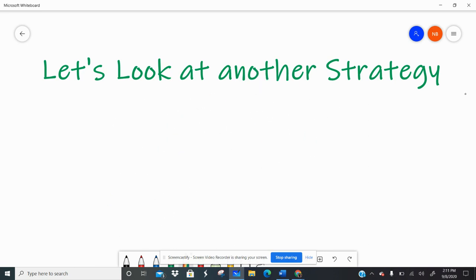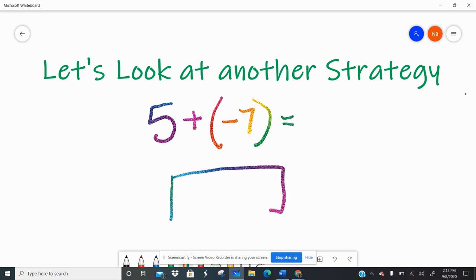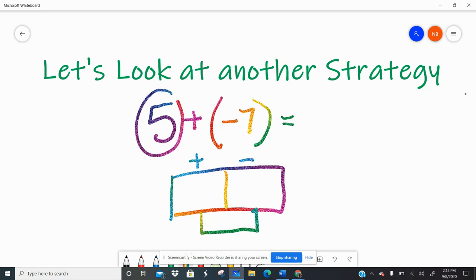Well, let's look at another example. So say I have 5 plus -7. And I want to know what that equals. Well, again, I'm going to use my scoreboard strategy. So I have my positive team here, my negative team here. So the first number is +5, so that's my positive team.